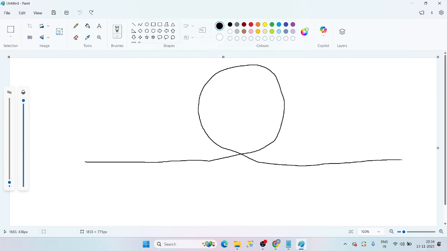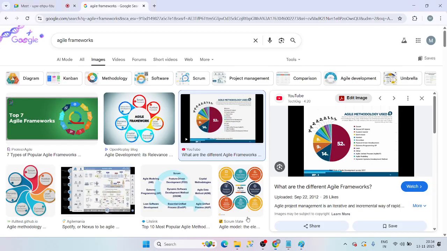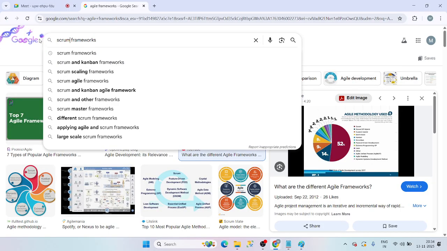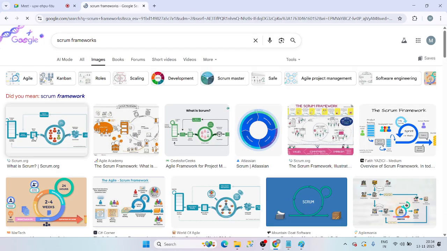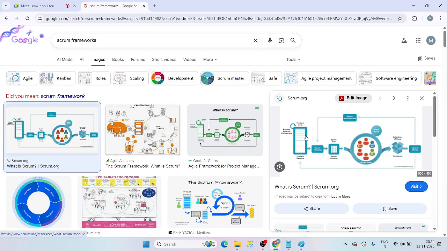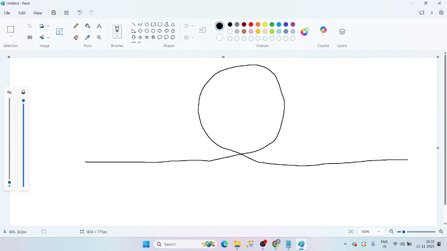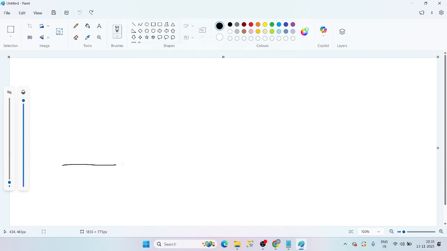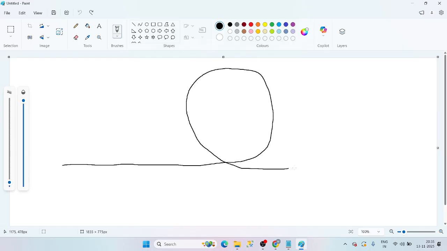The Scrum framework will be like this, under Agile methodology. This is the Scrum framework, guys. So right now I'm going to teach you this framework. Let me draw it a little more clearly. Right. So this is the Scrum framework.